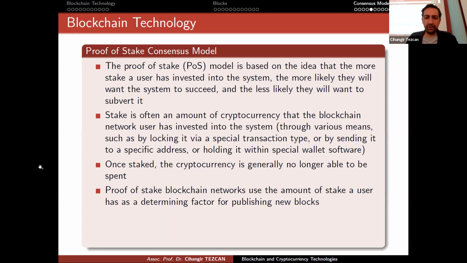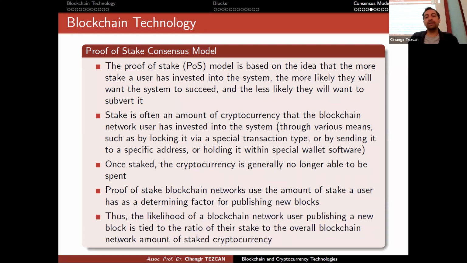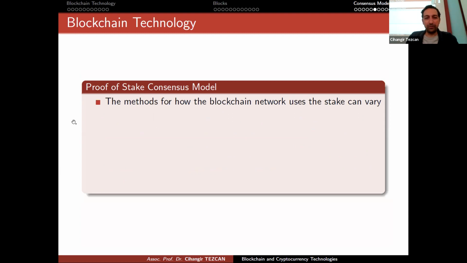Proof of stake blockchain networks use the amount of stake a user has as a determining factor for publishing new blocks. Thus, the likelihood of a blockchain network user publishing a new block is tied to the ratio of their stake to the overall blockchain network amount of staked cryptocurrency. The methods for how the blockchain network uses the stake can vary.